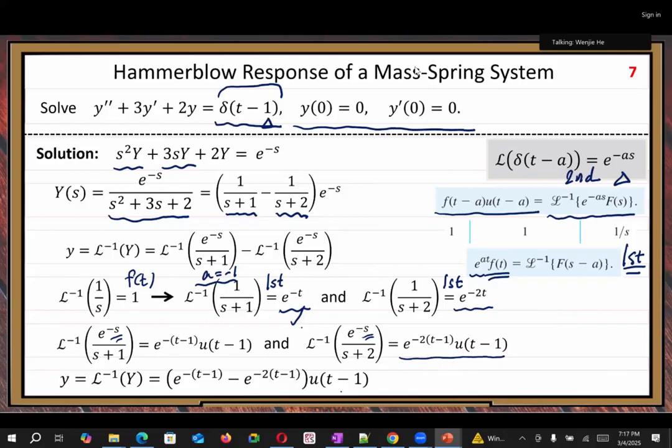You need to practice several times and get used to those two shifting theorems. We frequently use these two shifting theorems, so you need to build up some experience using them.